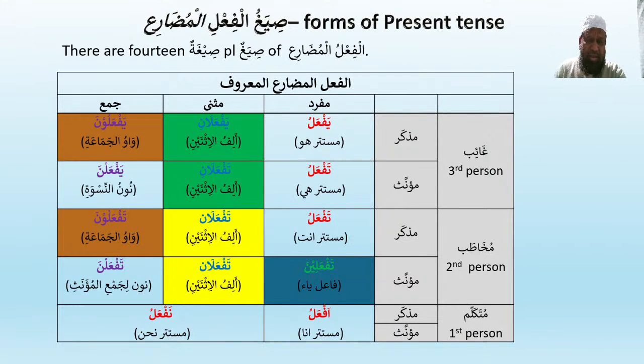So يفعلان, it is the only one form with the ya, so we take this, number one. And تفعلان, we have three with the ta, so we take one from here, that's two. Jama يفعلون, the waw al-jama is attached here, three. تفعلون, there is the ta over here, and waw jama is attached, we take this one, number four.